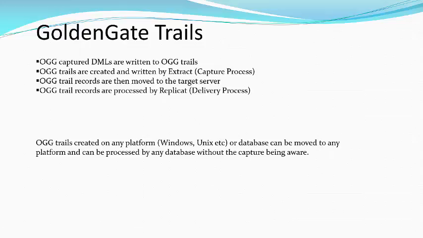The GoldenGate trails are created there, and you can move them to any platform. If your target happened to be an IBM DB2 sitting on an AIX system, that trail can be moved as is, as a flat file, across to the other platform.